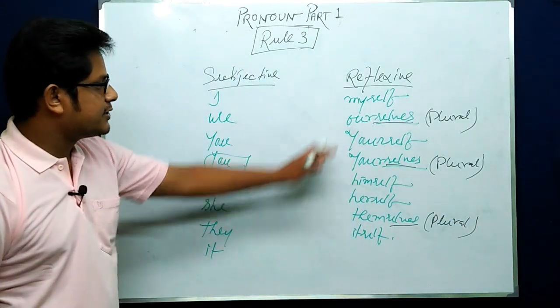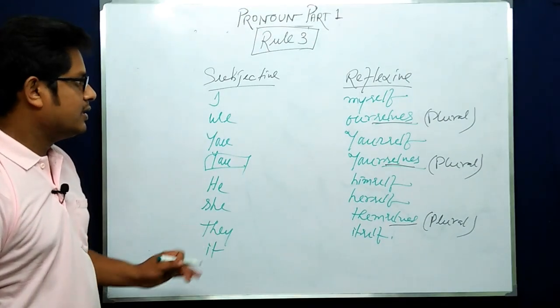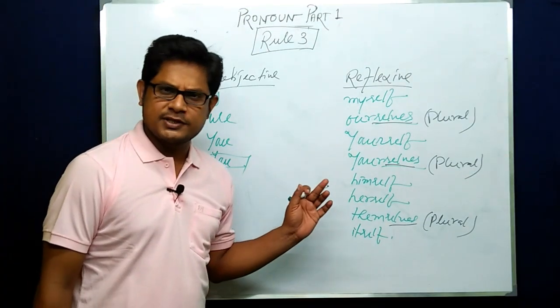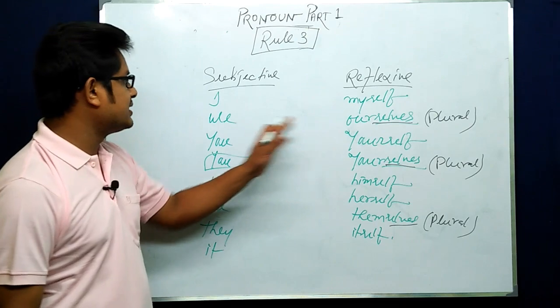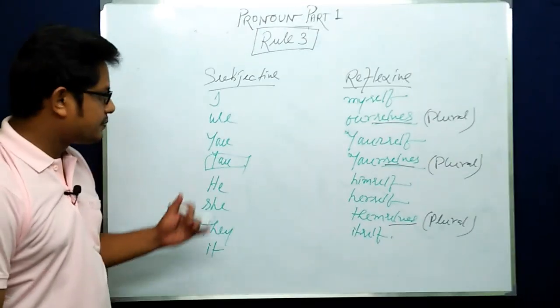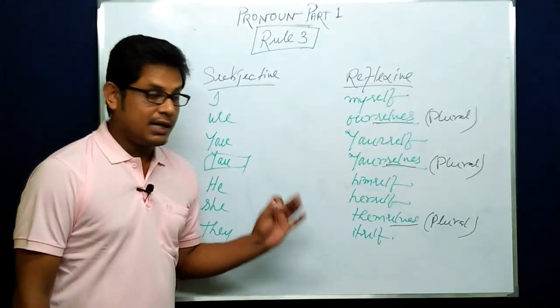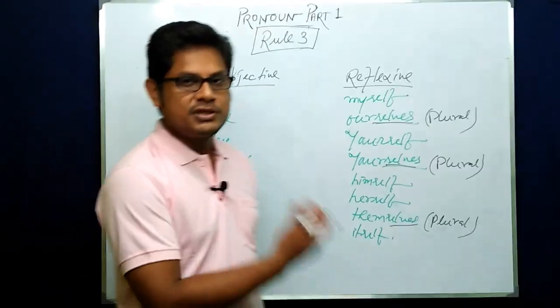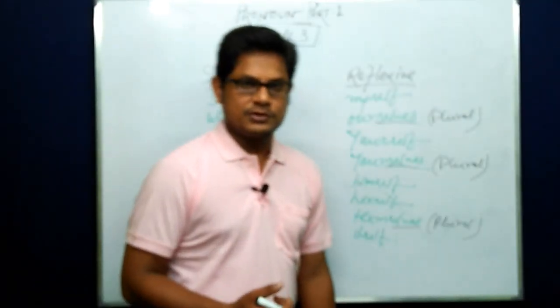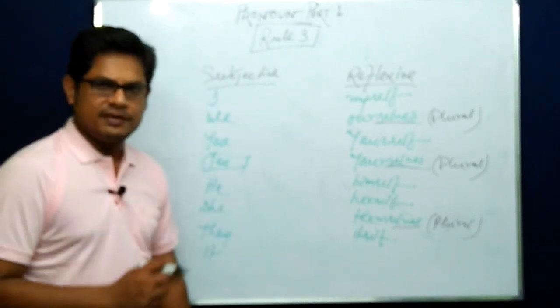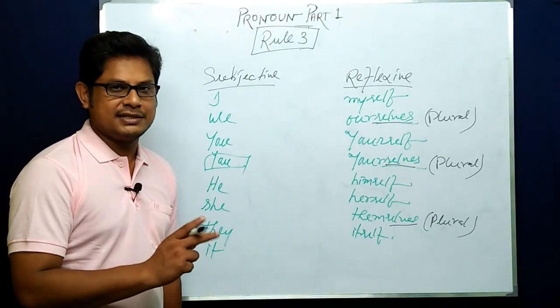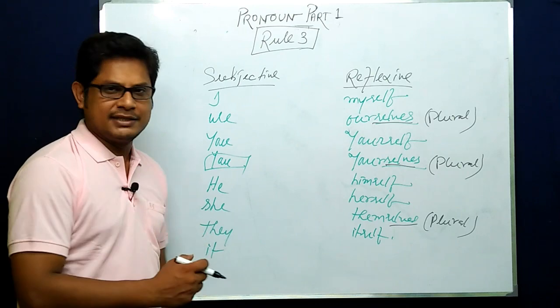So this is the reflexive part and this is the subjective part. Whenever you want to use a reflexive pronoun, you have to use myself in place of I. So this is the small list that you have to keep in your mind. Now let's see how to use this reflexive pronoun through rules. Rule number 3. Let me give you one single sentence to explain this process.